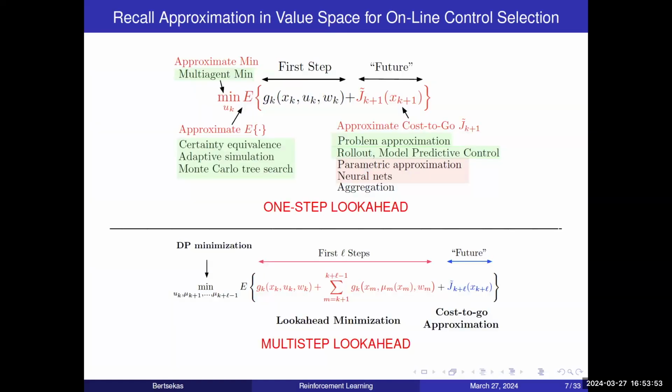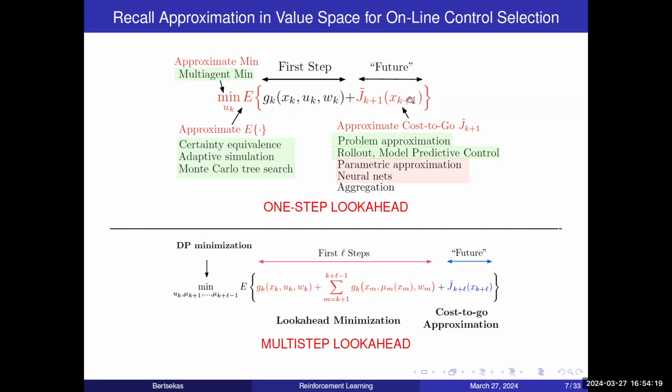Now let's go back to this fundamental architecture, approximation in value space for online control selection. Recall that in the case of one-step lookahead, it involves three major approximations that we can play with. The first is approximating this cost-to-go.